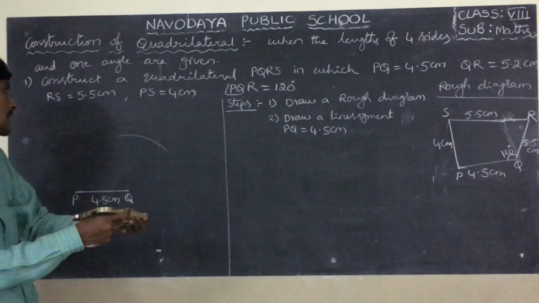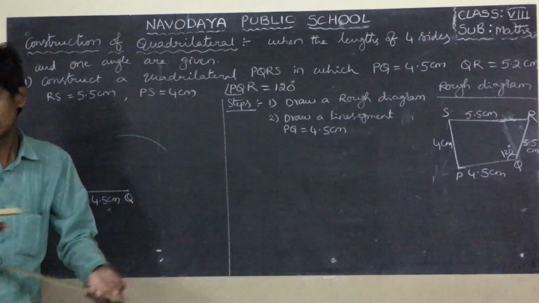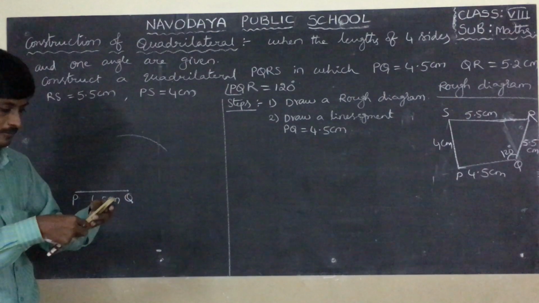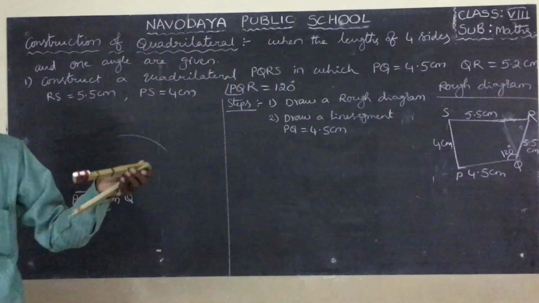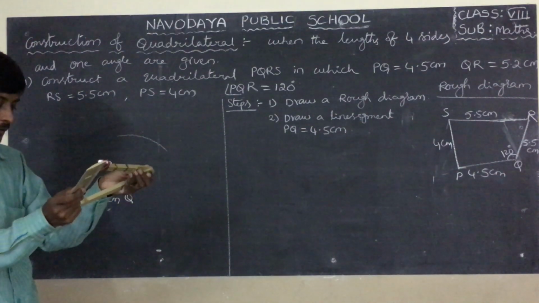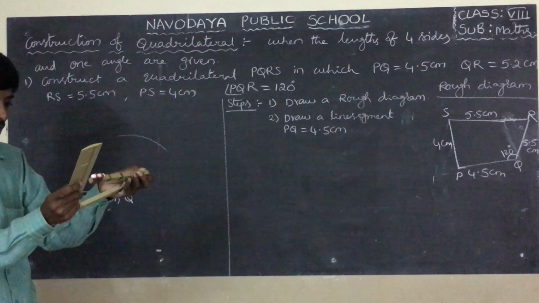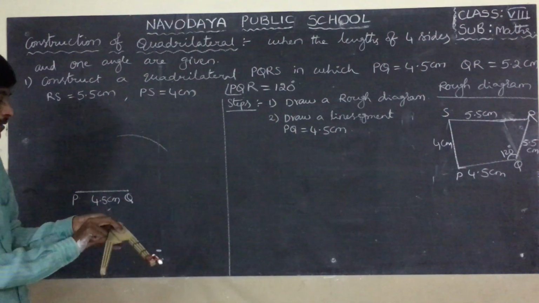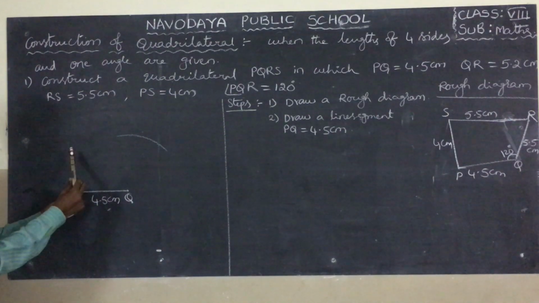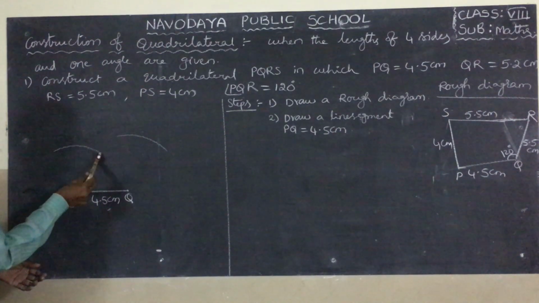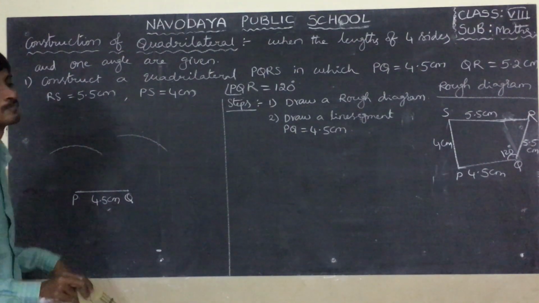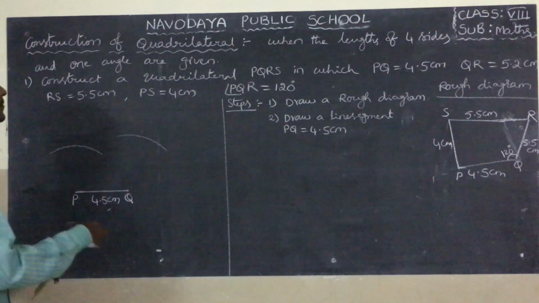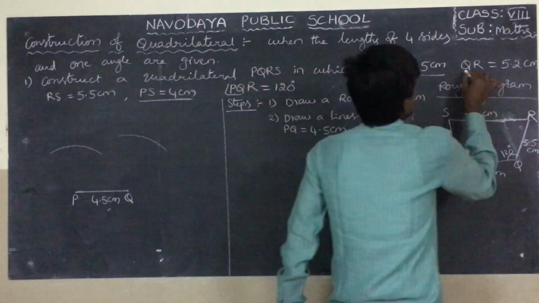Okay, 4 centimeters. PS is equal to 4 centimeters. PS completed, PQ completed, QR completed.